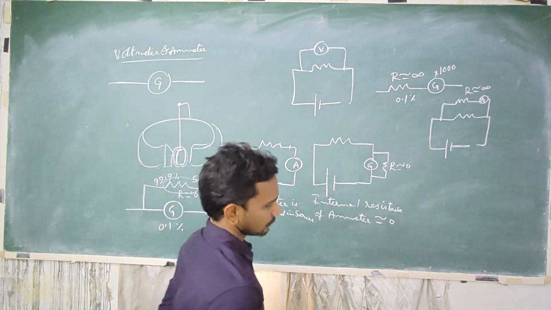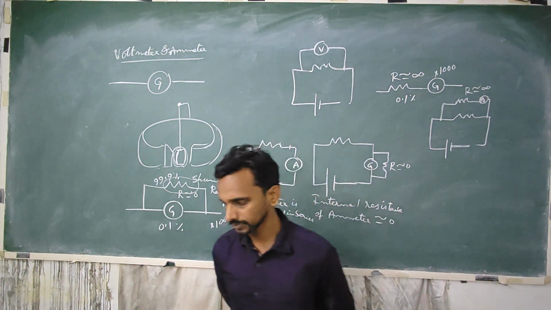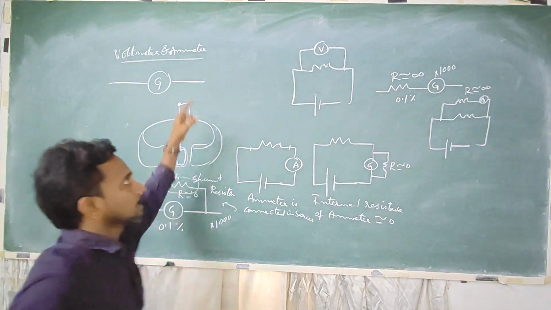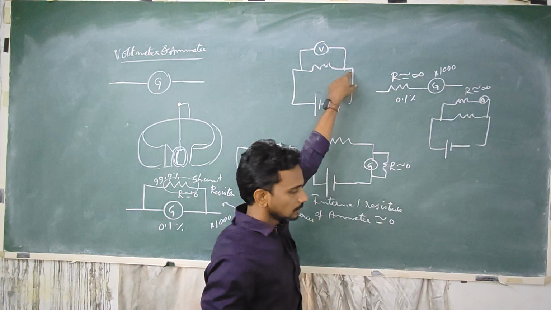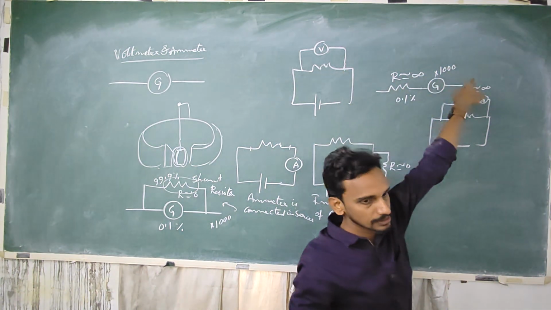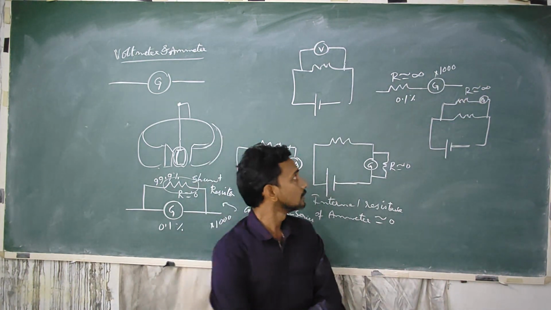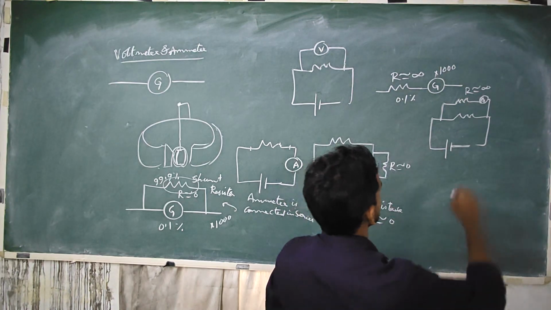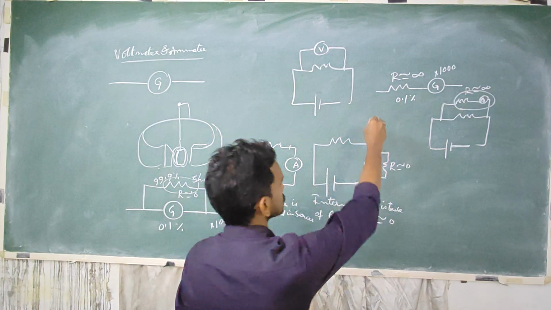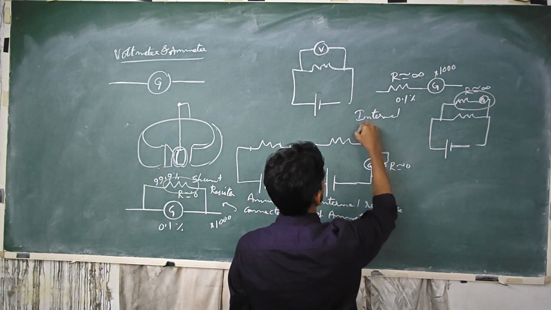So that gives me information about the voltage drop, and it's called a voltmeter. So a voltmeter should be connected in parallel in the circuit, and a voltmeter is obtained by connecting a very high resistance in series with the galvanometer. This entire combination is called a voltmeter now, and the internal resistance of a voltmeter is infinity.